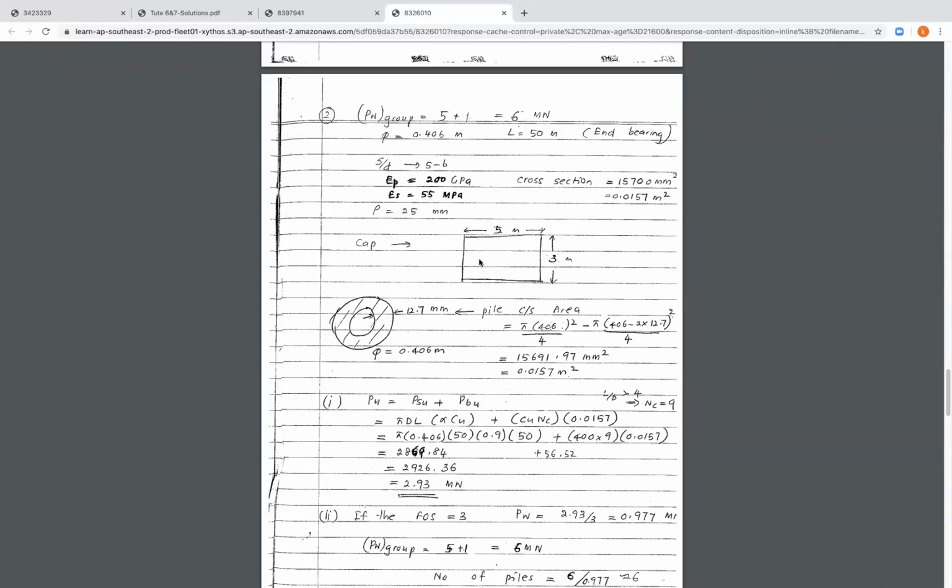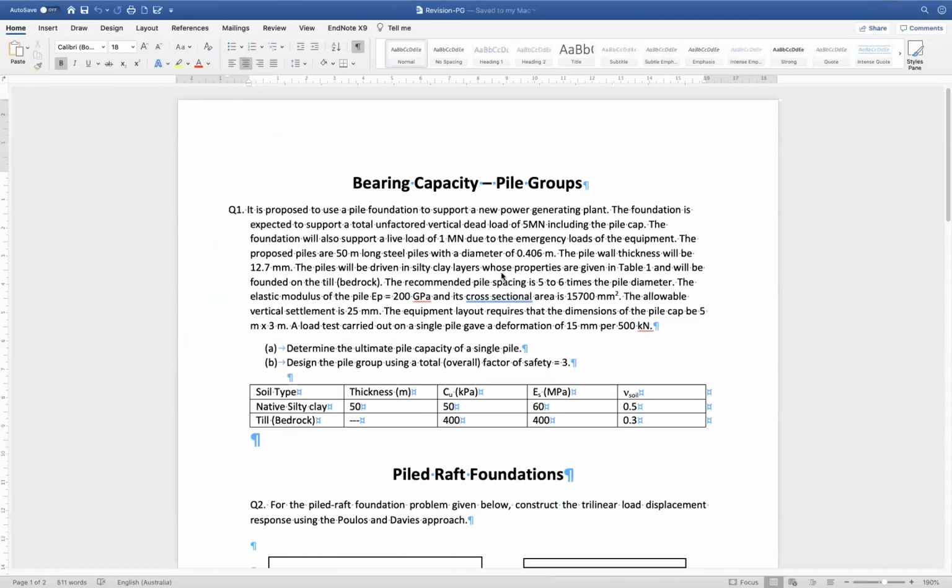So obviously, we need a set of piles within this area, within the 3 by 5 meter area. That's the requirement in the second question. We need to find out the layout of the piles and the number of piles required to carry the 6 mega Newton safely, given that the factor of safety is 3.